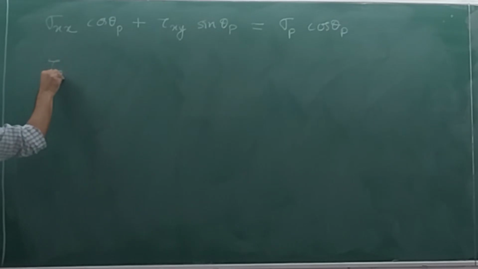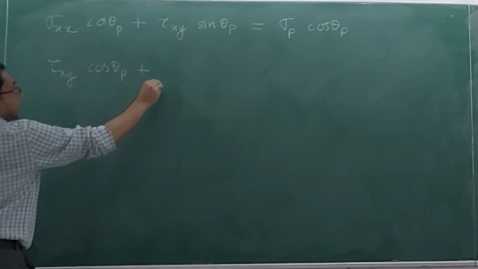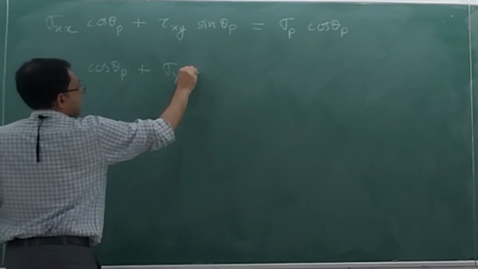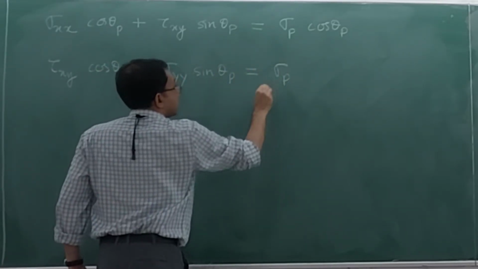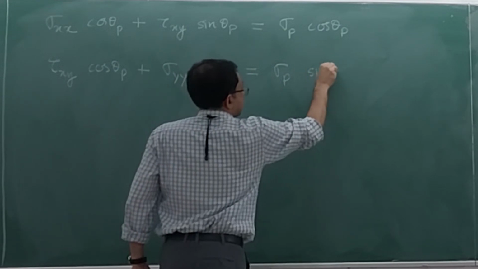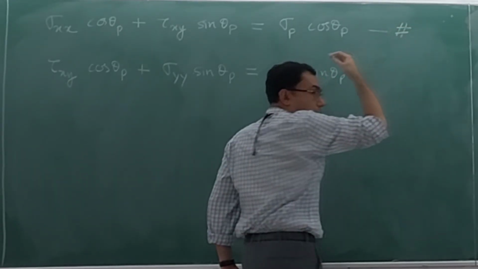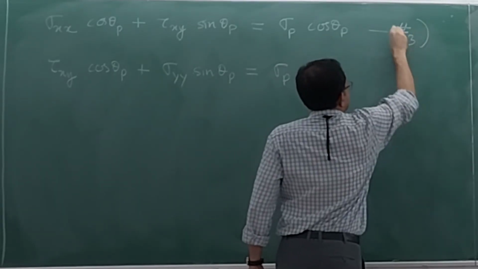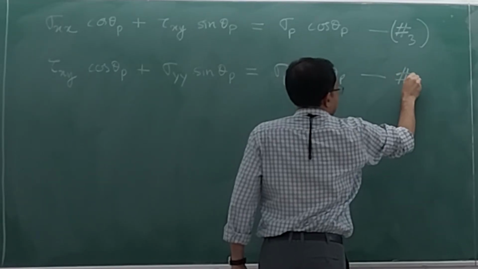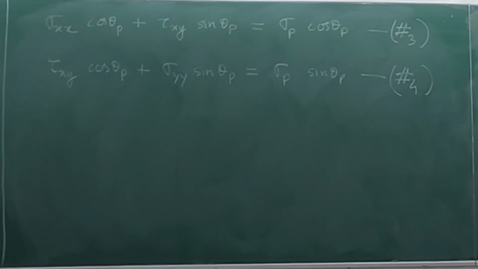Tau xy cos theta p plus sigma yy sin theta p is equal to sigma p sin theta p. Let's call this, what was the last equation we used? 2, I think, right? Let's call this 3.